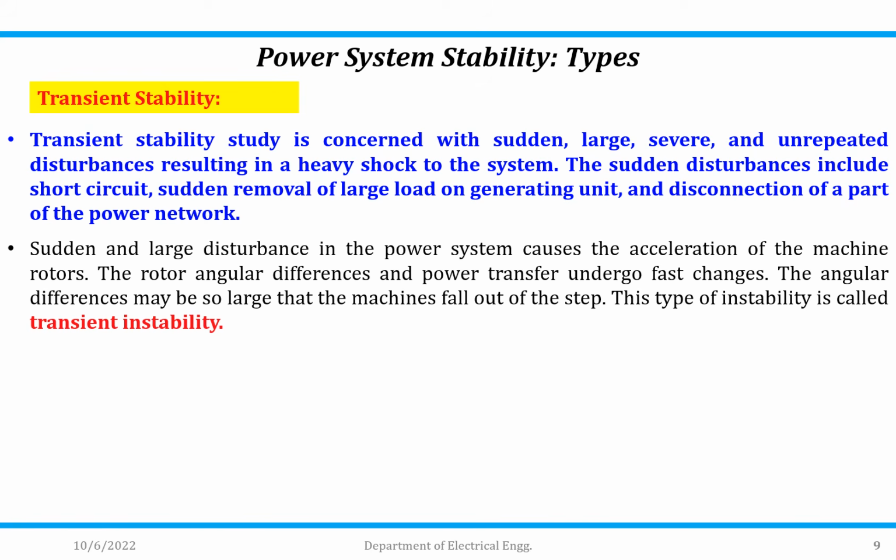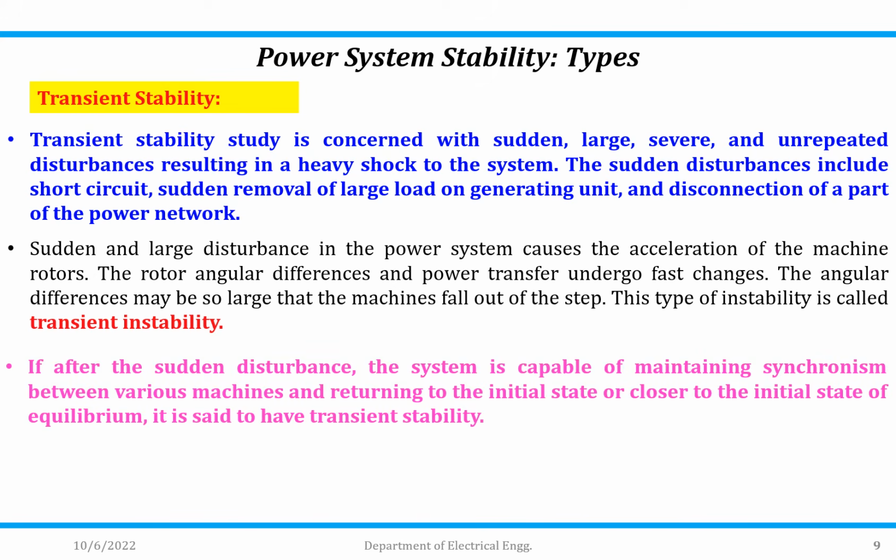Sudden and large disturbances in the power system cause acceleration of the machine rotors. The rotor angular differences and the power transfer undergo fast changes. The angular differences may be so large that the machine falls out of step. This type of instability is called transient instability.